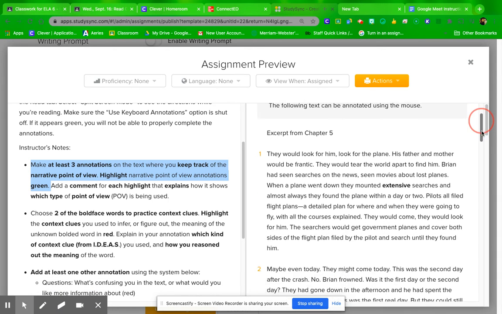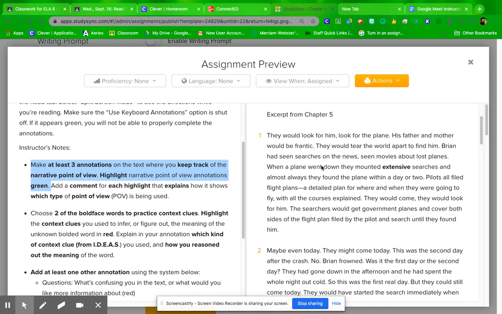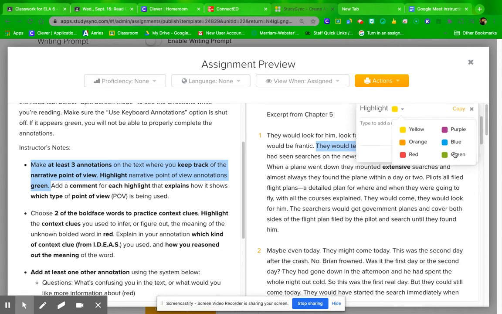Okay, so we're looking for what the word extensive means. And I know it says they would tear the world apart to find him. Okay, we have third person pronouns. I'm going to call this narrative point of view.